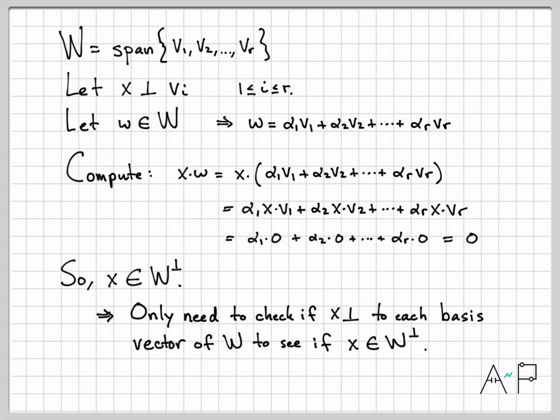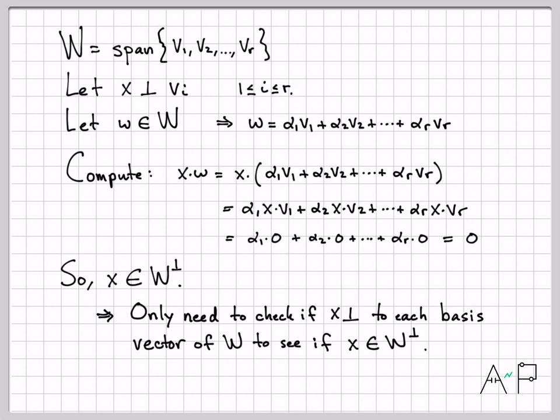I didn't have to loop over every single element of the subspace W. All I have to do is check whether the vector I selected is orthogonal to each basis vector. In general, there could be just 2 or 3 or 4 basis vectors, whereas there's definitely an infinite number of things in the subspace W.